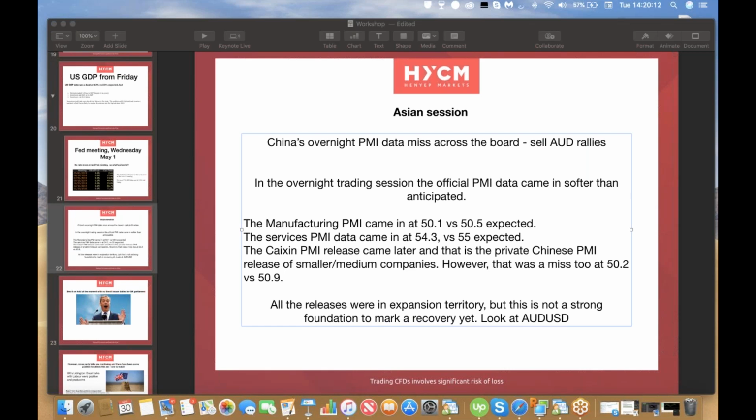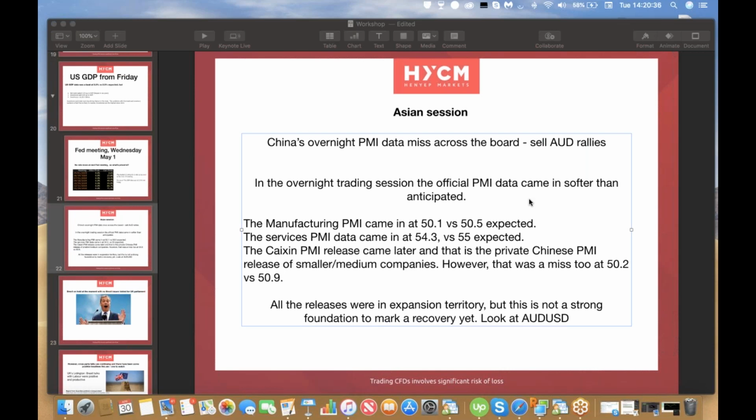Think of it like one of those big sharks, and you see the shark in the ocean, and you see a smaller fish just swimming underneath it. The idea is that when the big shark's doing well, the smaller fish is doing well as well, because he's living in the shadow of the big shark. In a way, Australia's economy is in the shadow of China's economy.